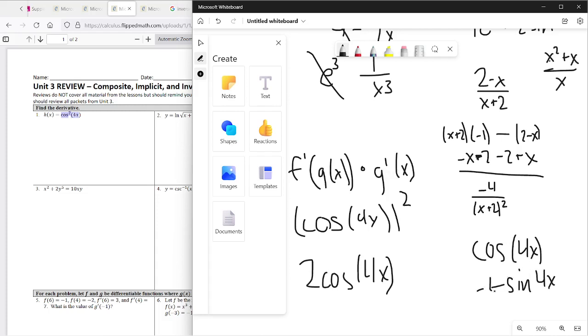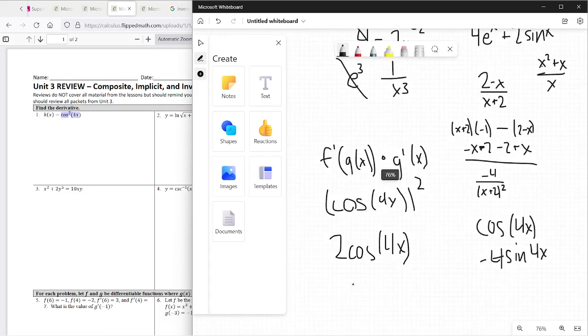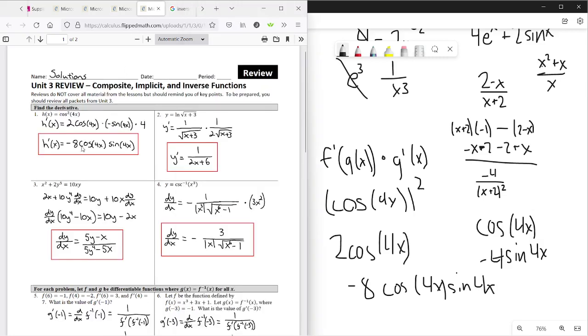So it's negative 4 sine 4x. And then you just multiply that all out. I think this would be negative 8 cos 4x sine 4x. Let's see if I've done that all right. Yeah.